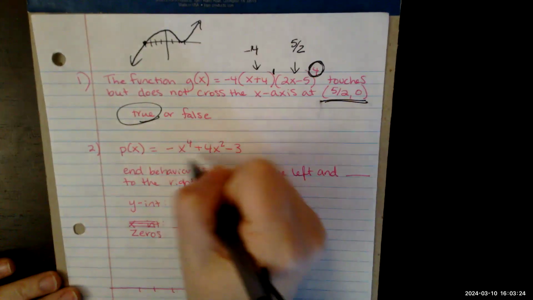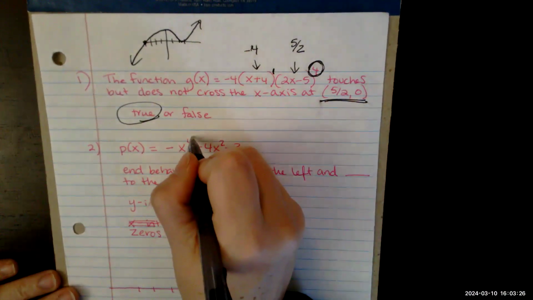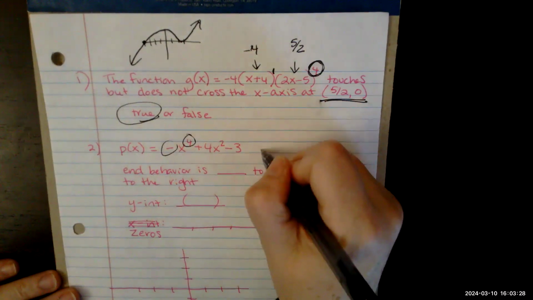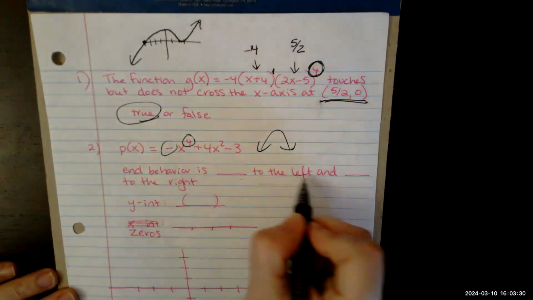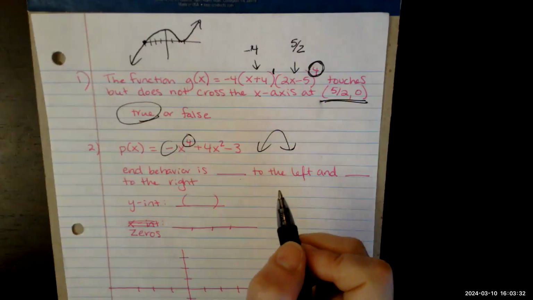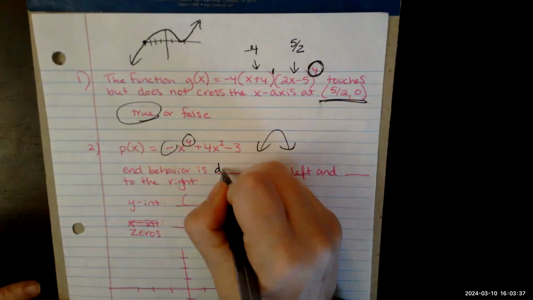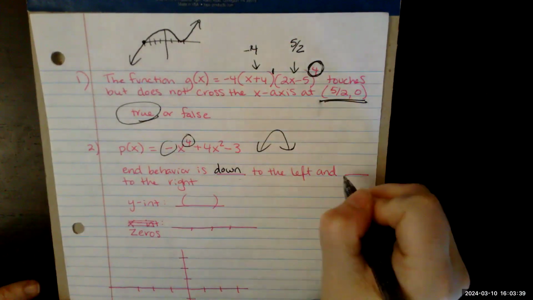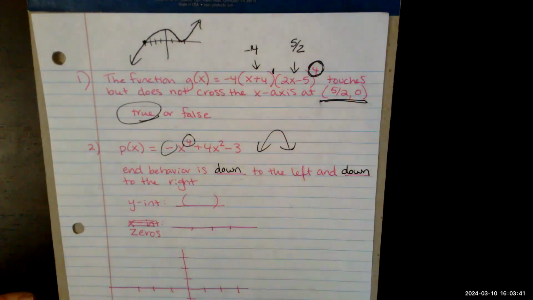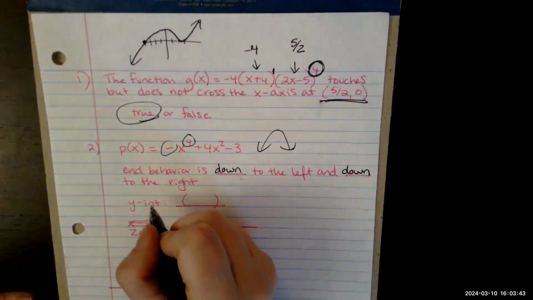Okay, looking at this one, let's talk about the end behavior. It's even and it's negative, so it's going to look something like this, right? They're asking it in a much simpler way here, which is nice. So all you have to say here is end behavior is down to the left and down to the right. Now they want the y-intercept.